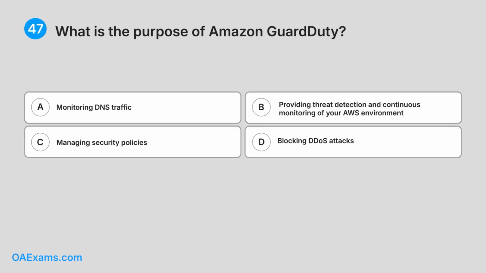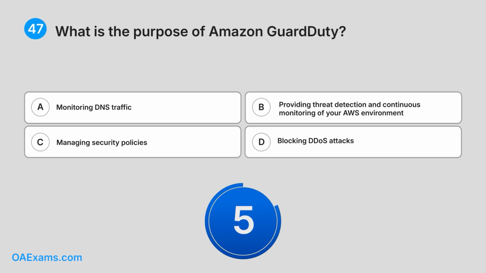47. What is the purpose of Amazon GuardDuty? A. Monitoring DNS traffic. B. Providing threat detection and continuous monitoring of your AWS environment. C. Managing security policies. D. Blocking DDoS attacks.